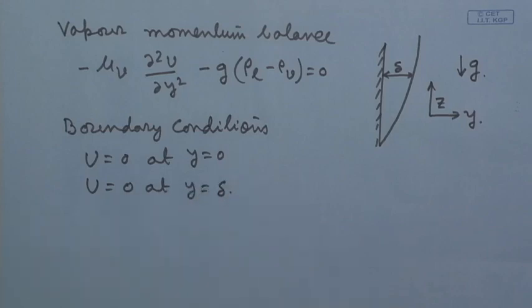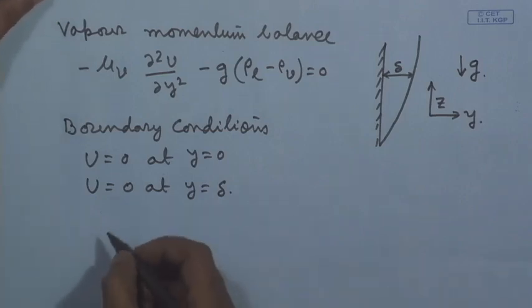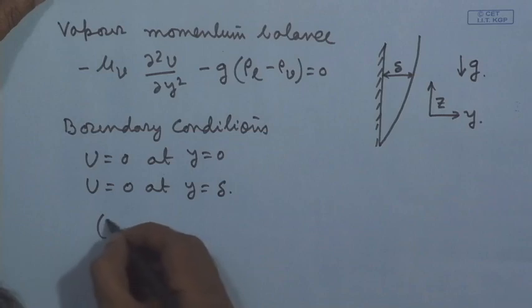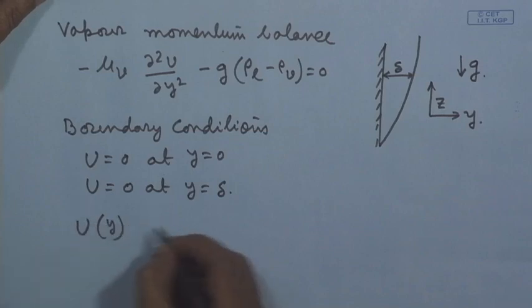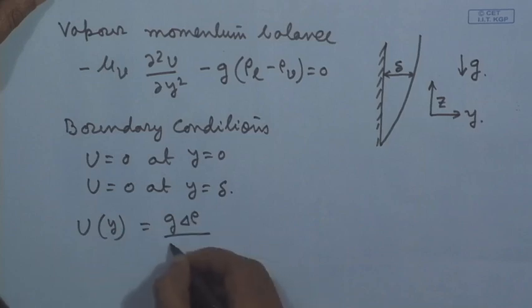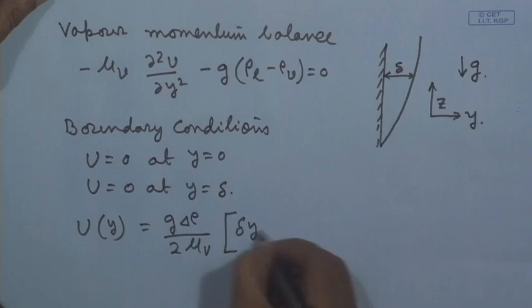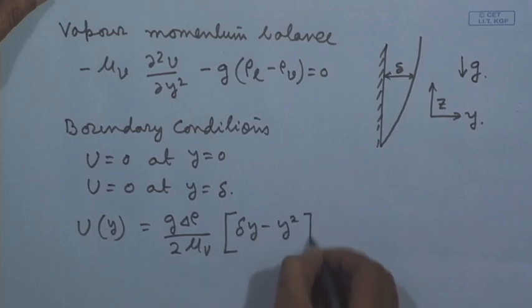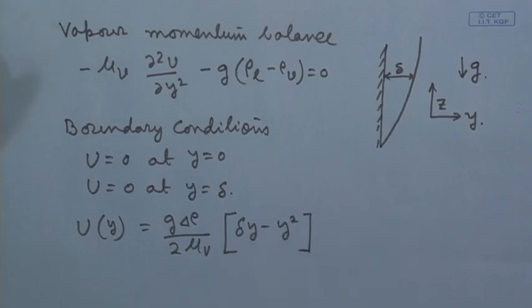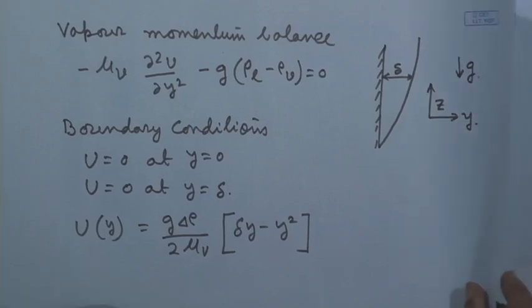So, these two are the boundary conditions for velocity. Very easily one can find u as a function of y; you will get a quadratic equation in y for the velocity distribution along the direction of y.